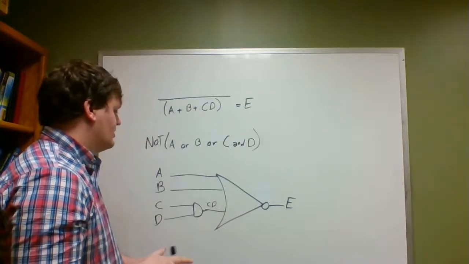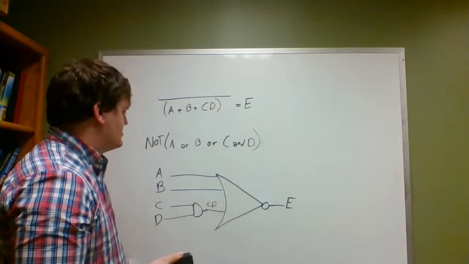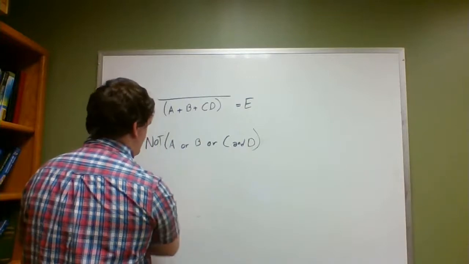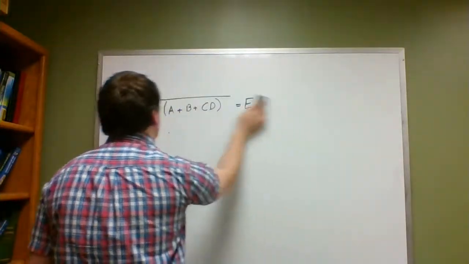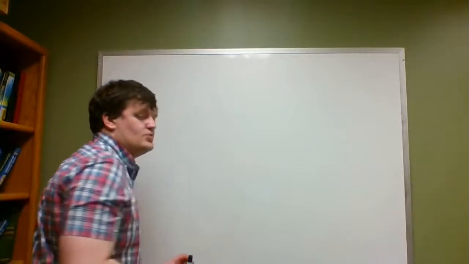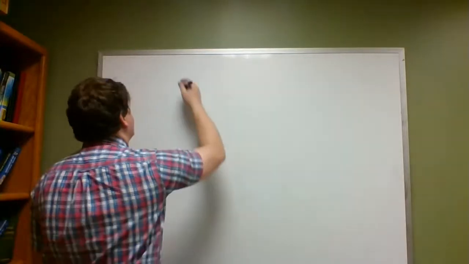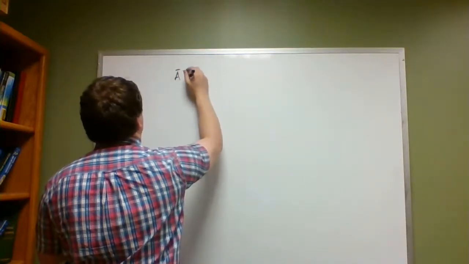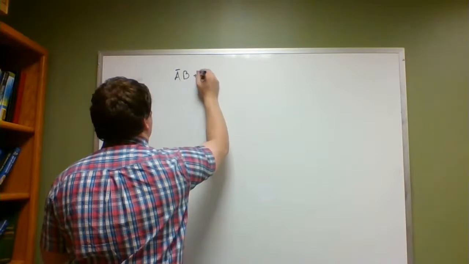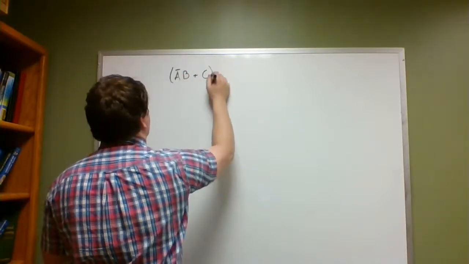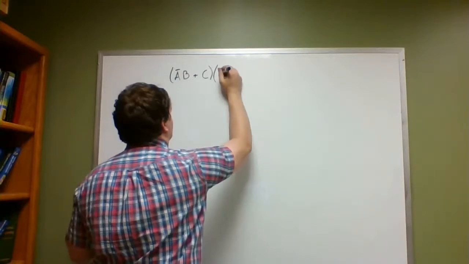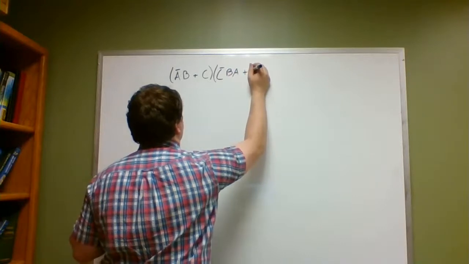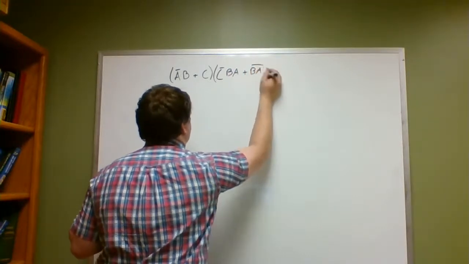Okay, so let's keep going. Let's do a harder example. You know, I'm all about those harder examples. So let's say we have now, let's see, we're going to make it A naught B plus C, put this in parentheses, C naught BA plus BA naught.